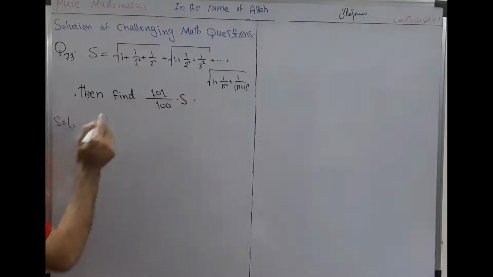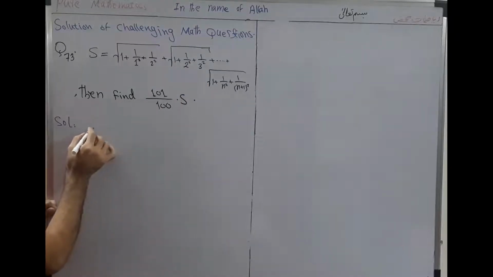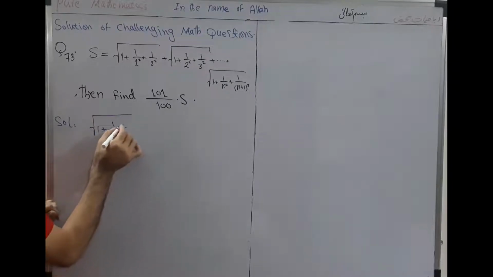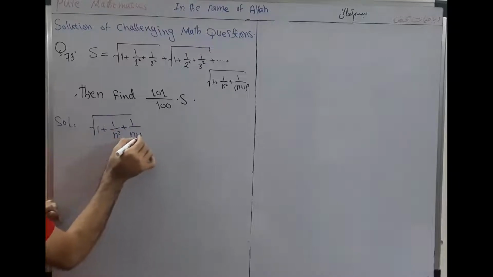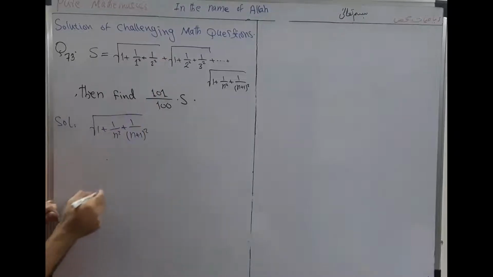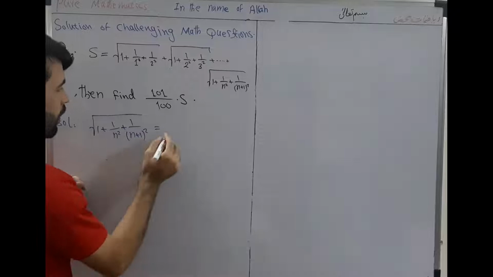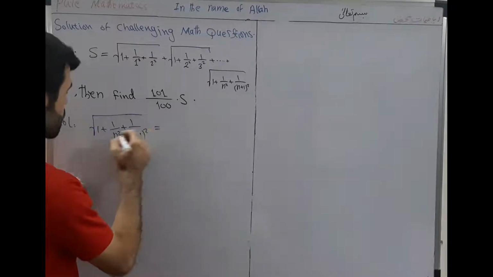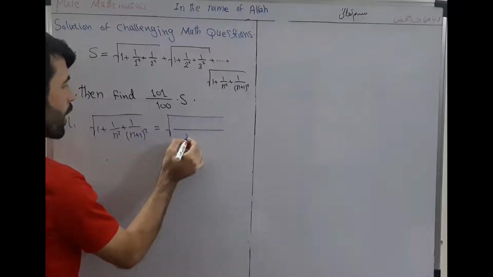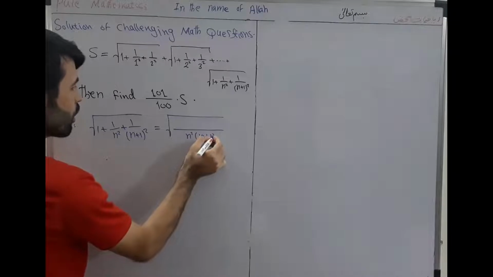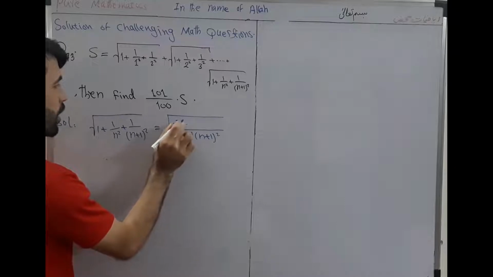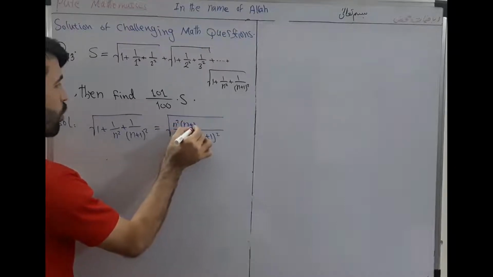We now can write the square root of 1 plus 1 over n square plus 1 over n plus 1 whole square. It is the general term of this summation. It is equal to, we take common denominator inside the root, we can write n square into n plus 1 whole square multiplied by 1, n square plus n square into n plus 1 whole square.